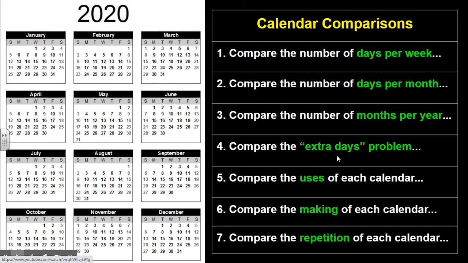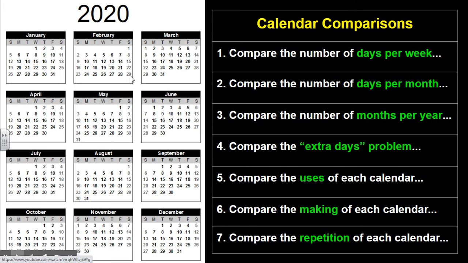Now, what we do with the extra days is obviously right here, we include an extra day every 4 years. Now, why do we do that? Well, scientifically, it's basically like this. Okay, everybody lands on the number 365 as far as how long a year takes. But actually, it's 365 and 1/4 days to get all the way around the sun.